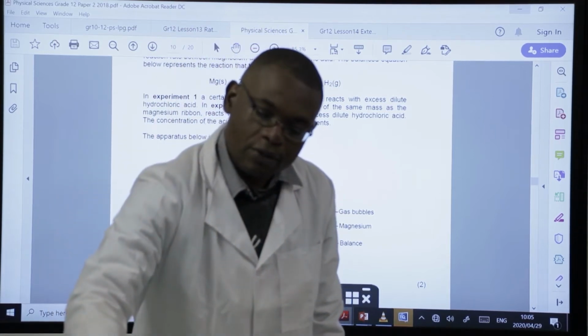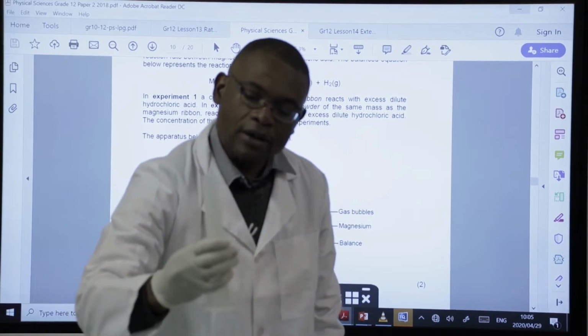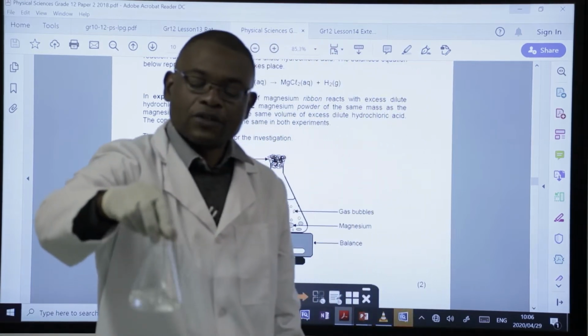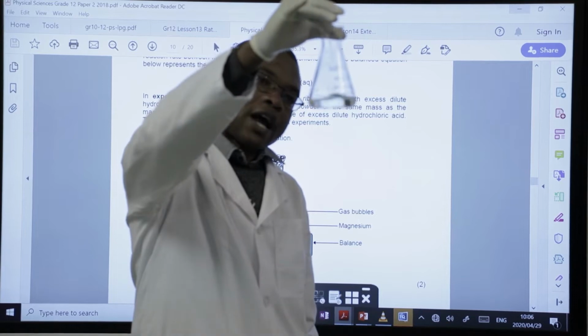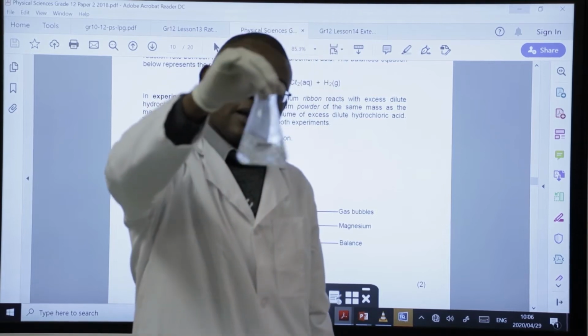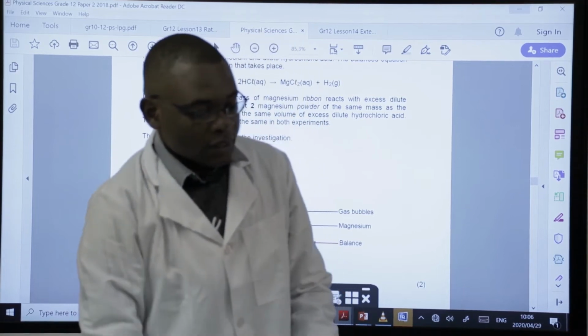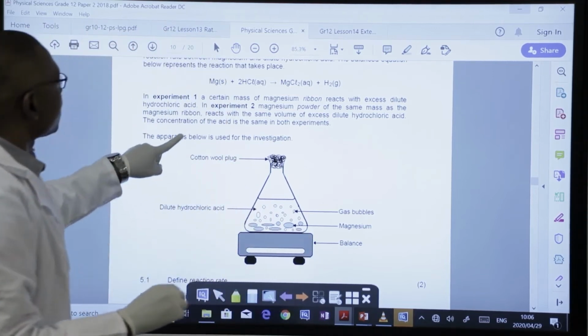So I'm going to keep on adding like that. So I now have my 50 mils of my dilute hydrochloric acid in a clean conical flask like this. So I'm going to approximate the size of the magnesium ribbon.